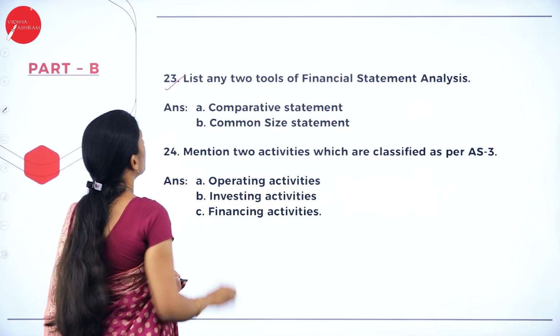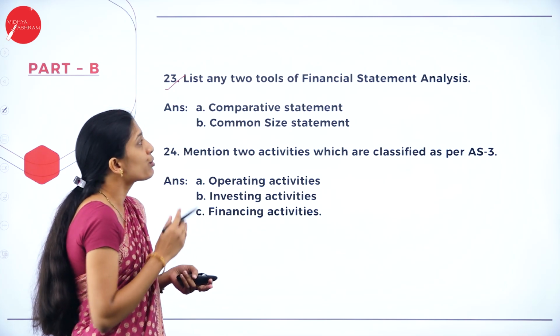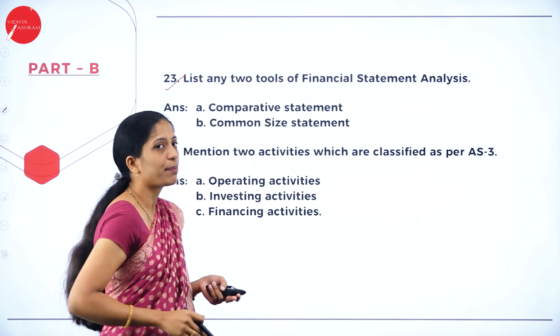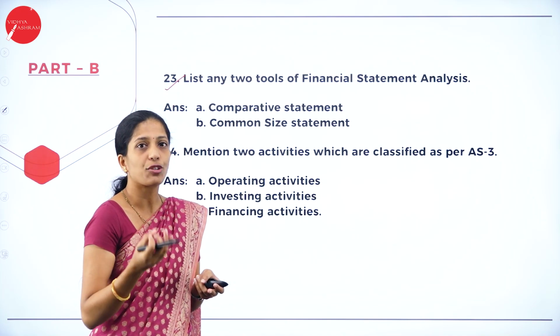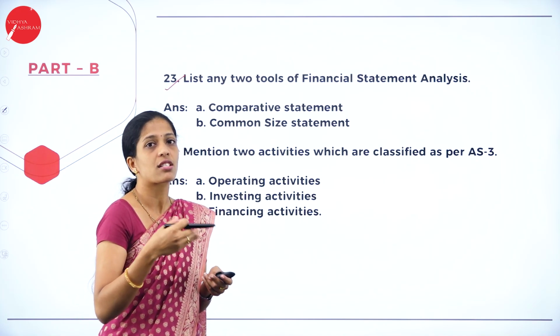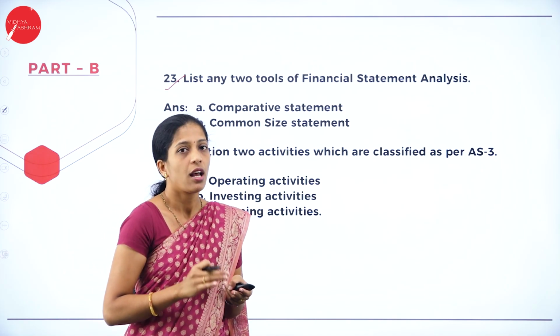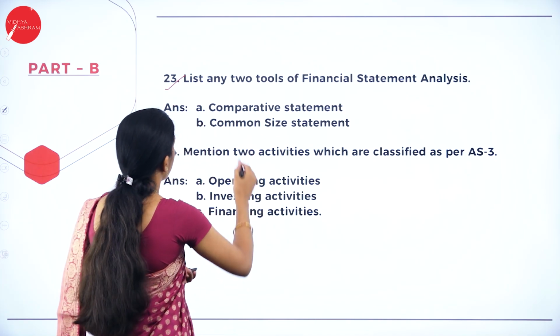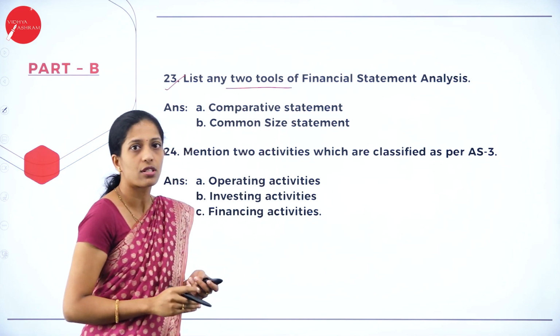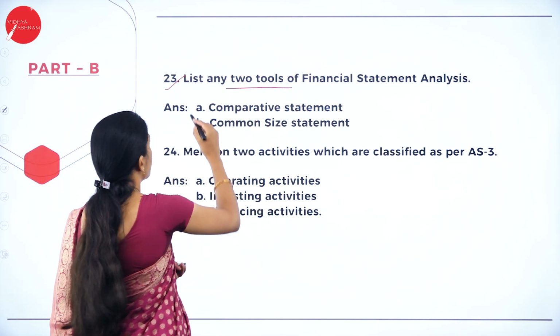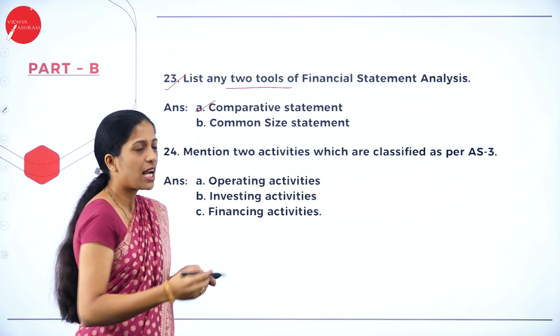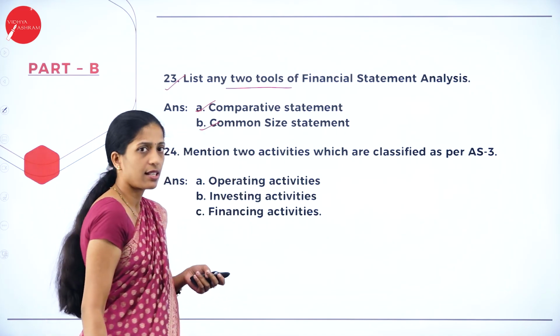And your 23rd question, list any two tools of financial statement analysis. Easy to remember because you have come across common size statement as well as comparative statement for 12 marks. So your answer is comparative statement and the next one is common size statement.